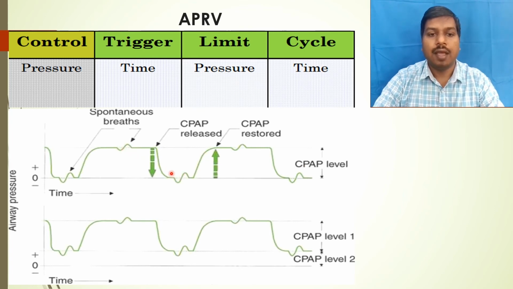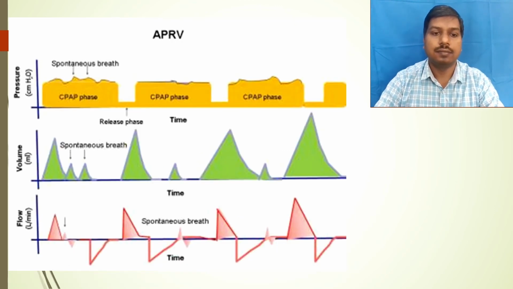During the shift from the higher pressure to lower pressure, it will act as an exhalation and release carbon dioxide. Even if the patient is not taking any breaths, the higher and lower pressure and the release in between will produce breaths, and even if the patient is apneic, it will ventilate the lung. So you can see here that during the release, it will wash out the carbon dioxide.